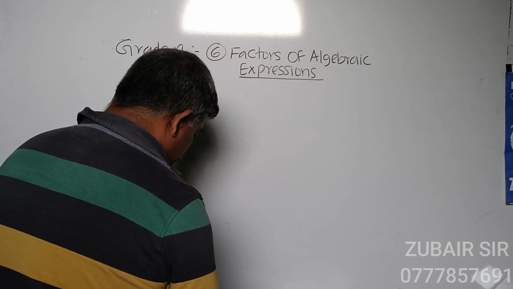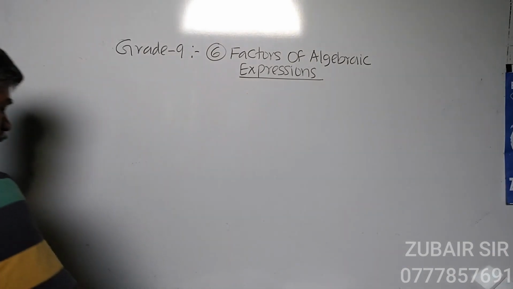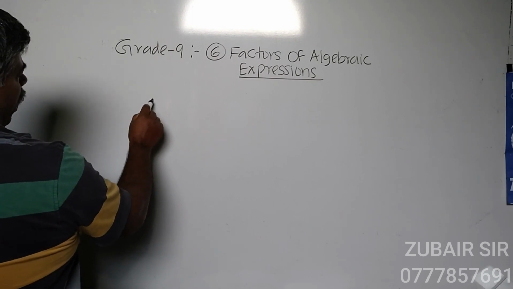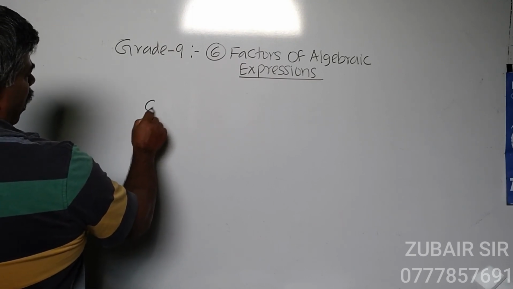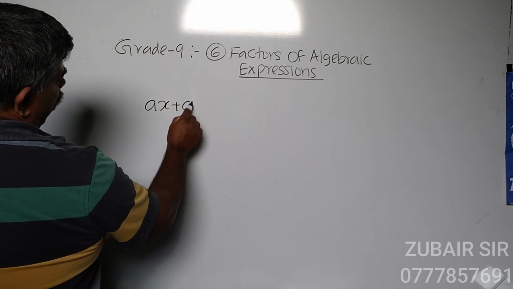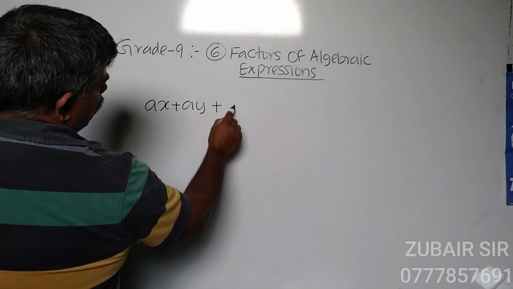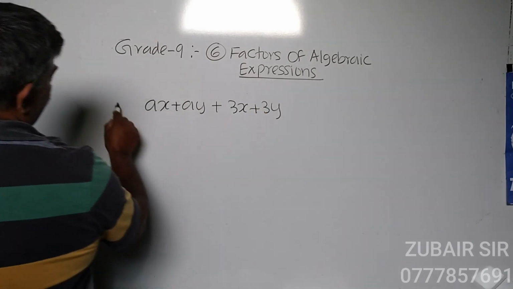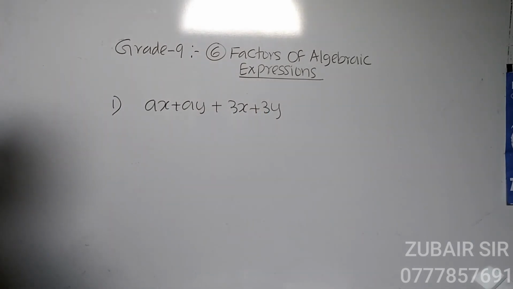Then see, when there are 4 terms, you are getting, we say, ax plus ay plus 3x plus 3y. 4 terms are there. When there are 4 terms, we have to take 2 by 2.